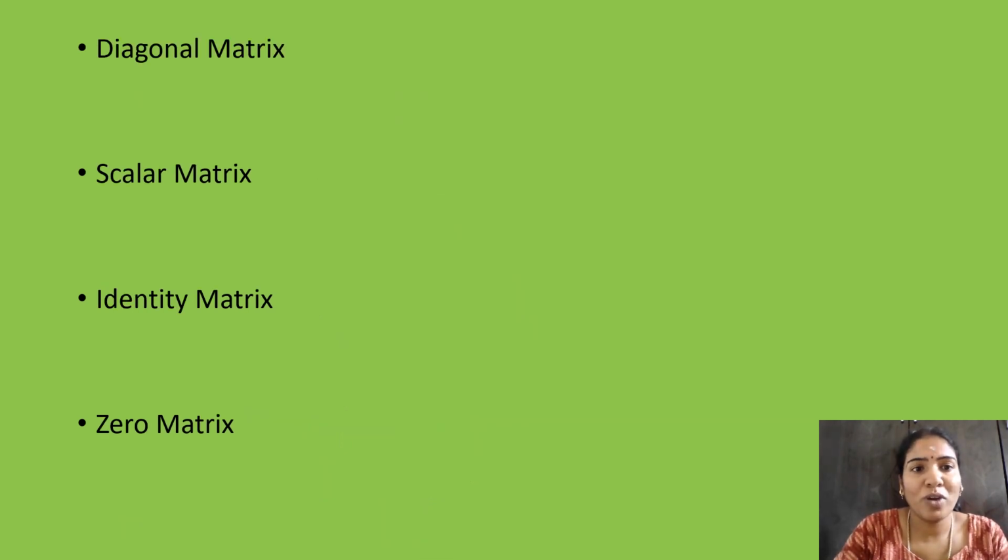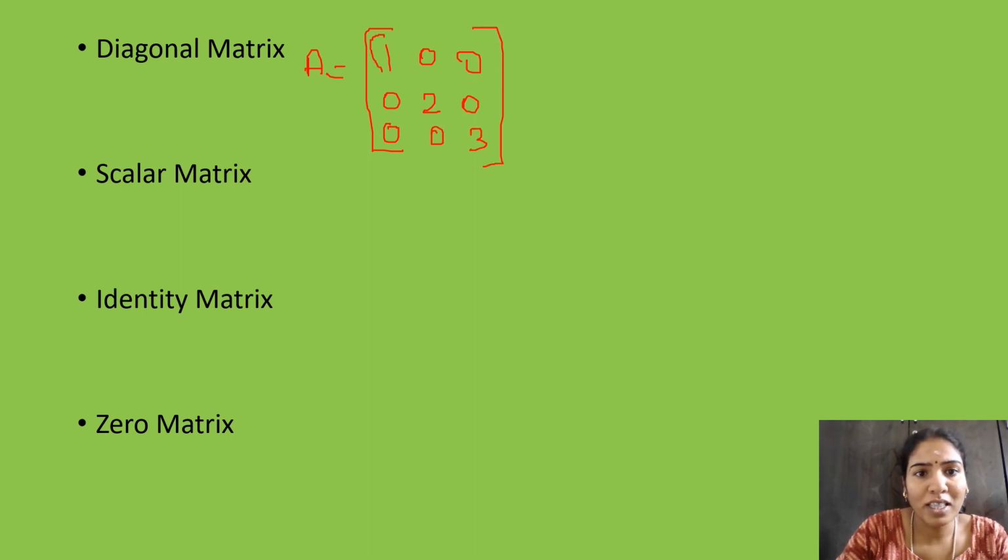The next one is the diagonal matrix. Any matrix which has elements only on the diagonal, I can say it's a diagonal matrix. See the example here: only the diagonal part has elements. We usually call this the upper triangular part and this the lower triangular part.